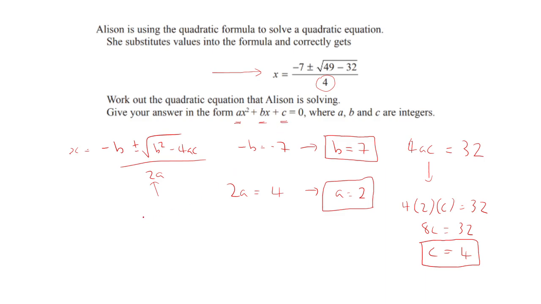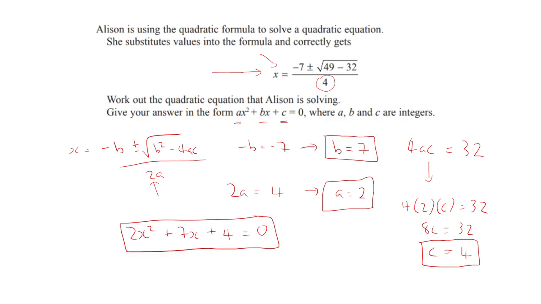So A would be 2, so 2x squared plus 7x, since B is 7, plus 4 equals 0. So that was your original equation you would have used to generate this quadratic formula there. So that's that question answered.